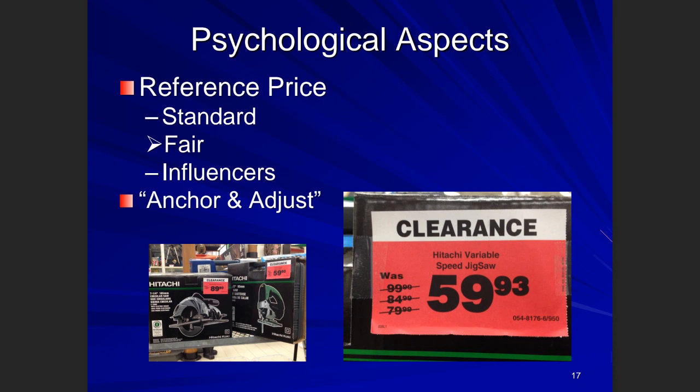As I mentioned to you before, you go to a Winners and you look at the price tag and you'll see two prices on every price tag, right? The competitor price and the Winners price. And the Winners price is always lower than the competitor. And what is that? It's an anchor and adjust kind of a process. It's all about establishing proactively that reference price in the mind of the consumer so that he or she will feel that they're getting a good price. So we anchor high and adjust low, right? That's the basis of it.